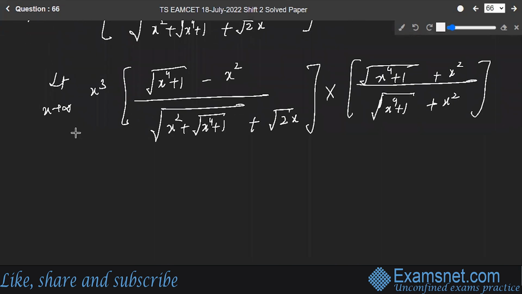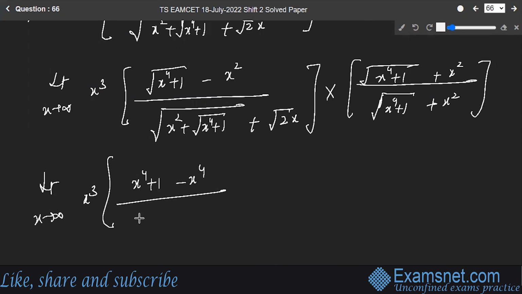This will give you (a plus b) into (a minus b). Limit x approaching infinity, x raised to power 3 is this.